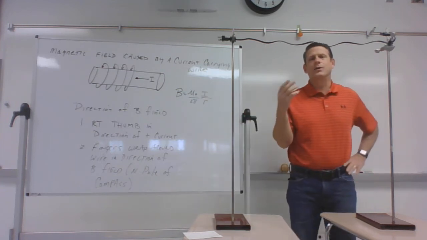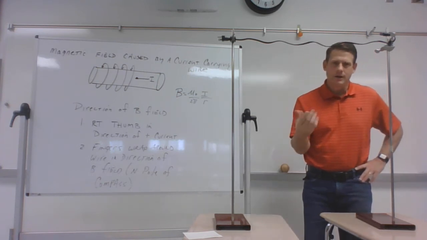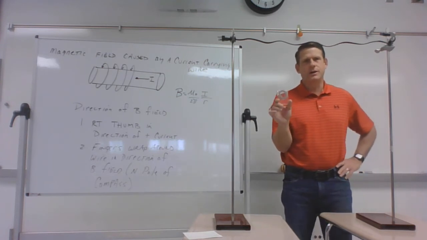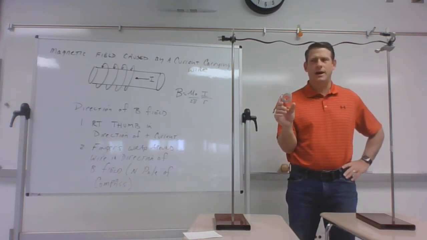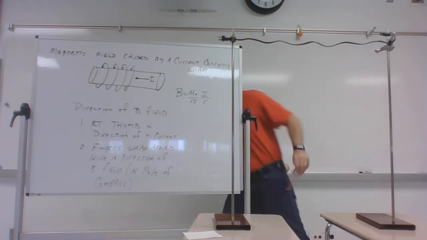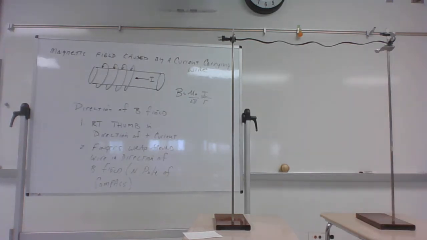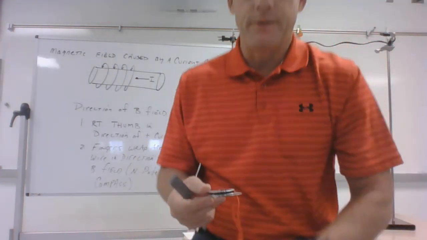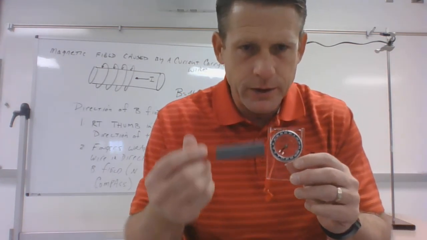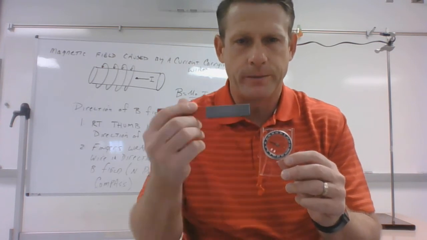Now, basically what that sets us up for is the next idea, and we can use a compass to describe that. If I take this magnet and I move the magnet near, the compass moves.